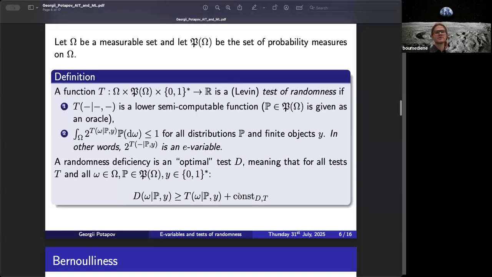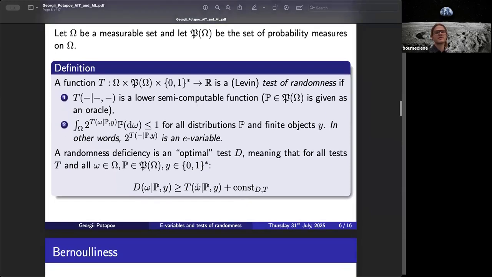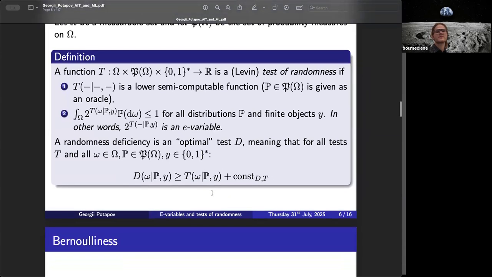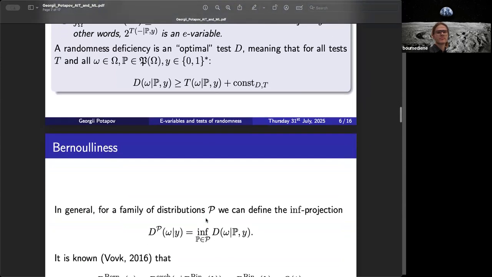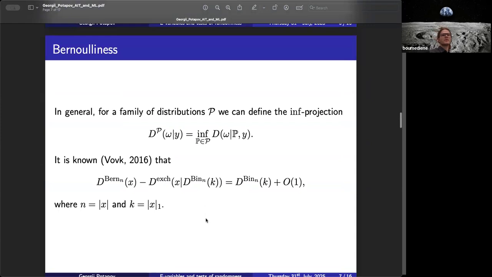And randomness deficiency is just an optimal test, which is greater up to an additive constant than any other test of randomness. And we could also define information projection.